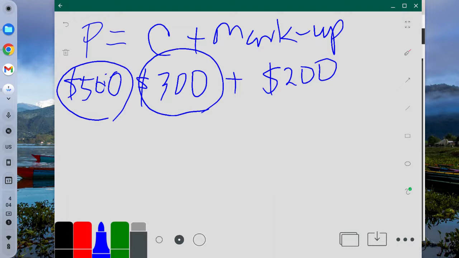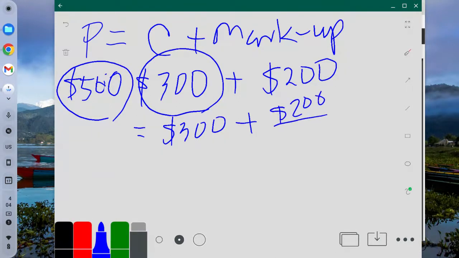Okay? Then 200 is, think about it, then 200 is, right, which is 0.4, right?